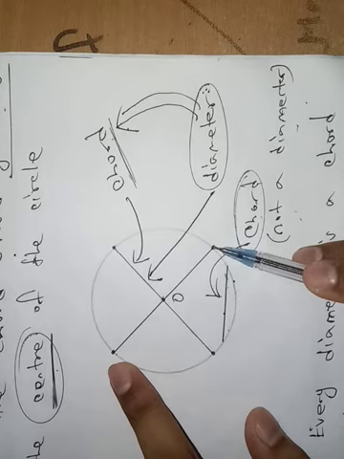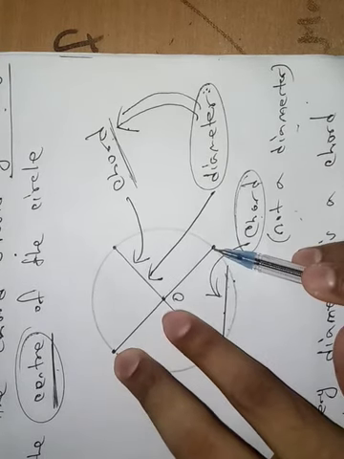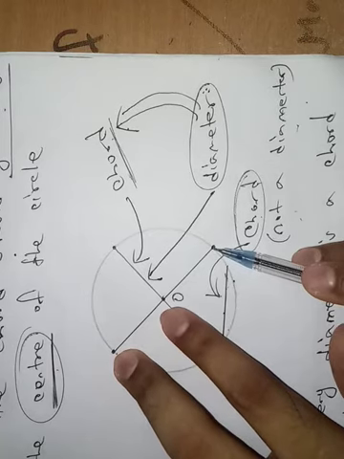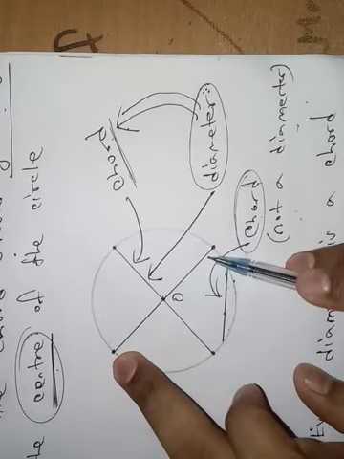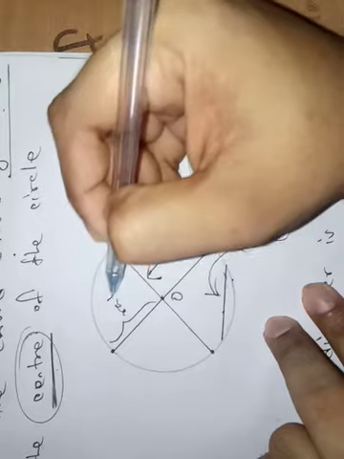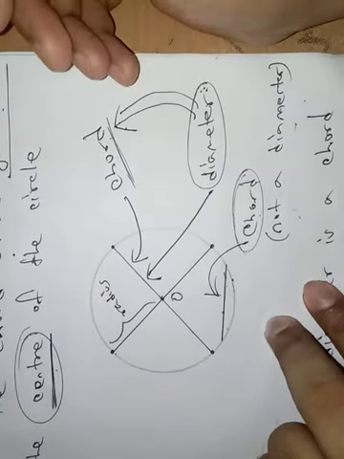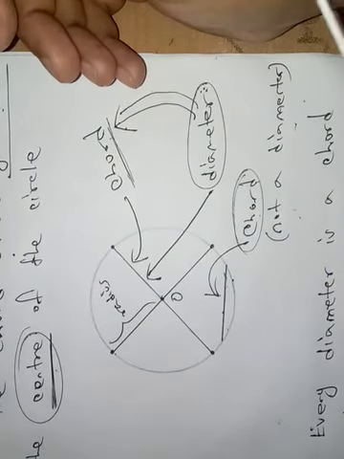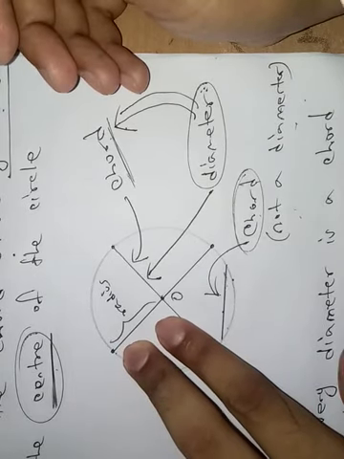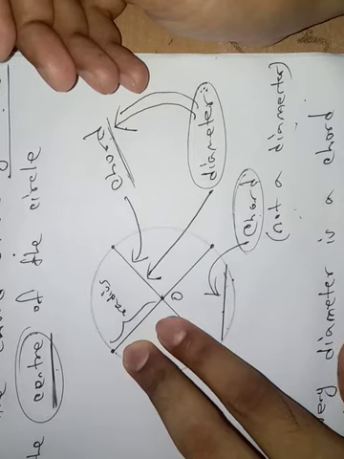If I take the half of this diameter, we will find the radius of this circle. Similarly, or vice versa, if we twice the radius, we find the diameter.